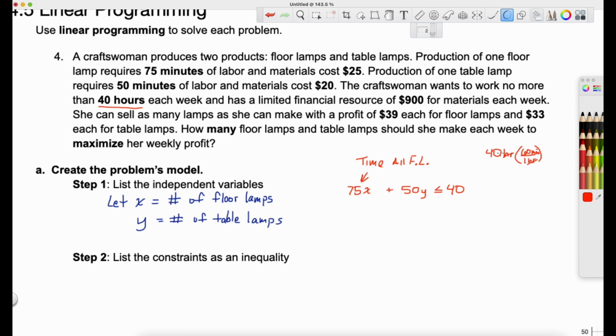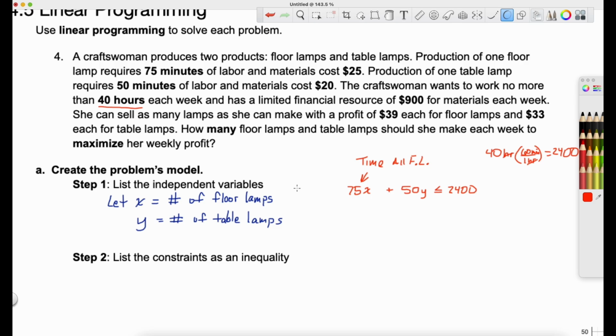Hours are going to cancel, so this is basically 40 times 60. That's going to be 2,400, right? 4 times 6 is 24, and then 2 zeros. So I think I'll just go ahead and replace this right here with 2,400 minutes.